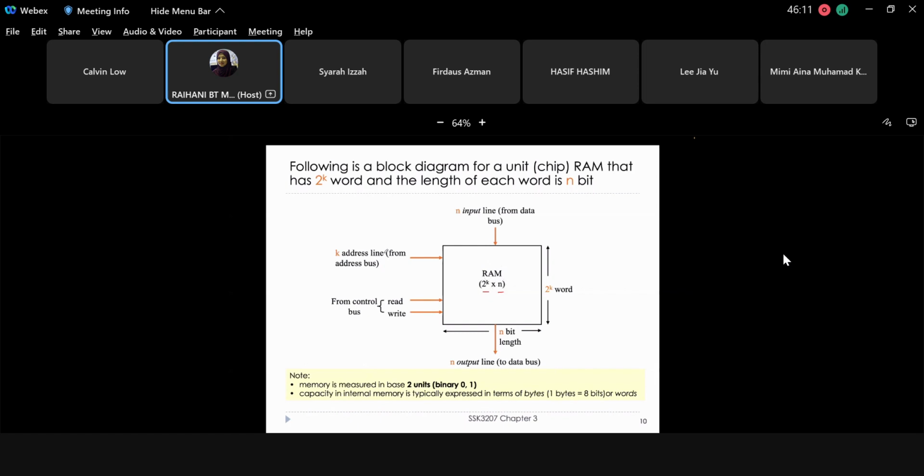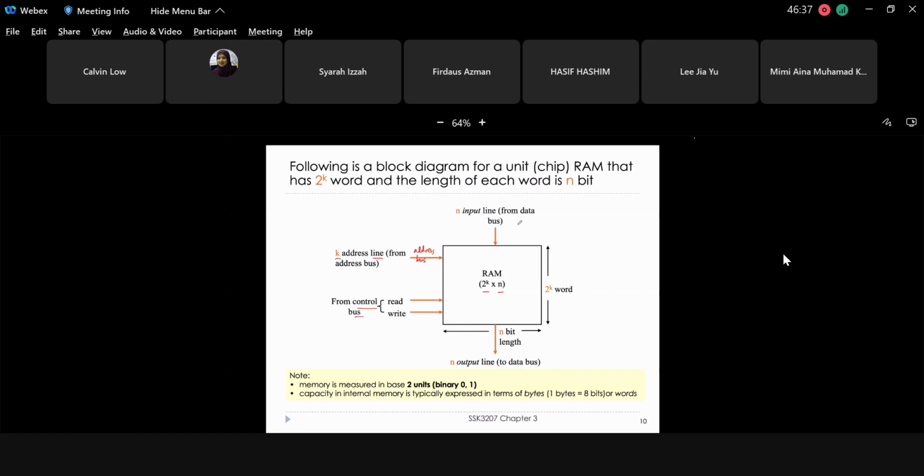K here is the number of address lines, which come from the address bus. And then this is the main function of the RAM. So who controls read and write? It is controlled by the control bus, the bus police.